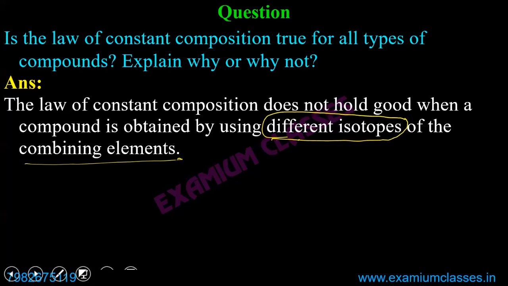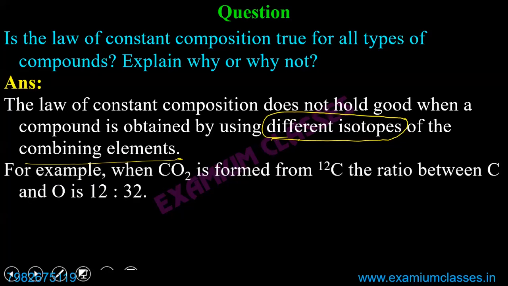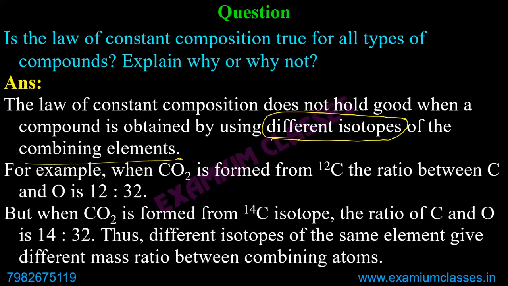For example, in carbon dioxide, I explained. In chlorine also, atomic mass 35, atomic mass 37, both can be present. What we use as 35.5 is average atomic mass.